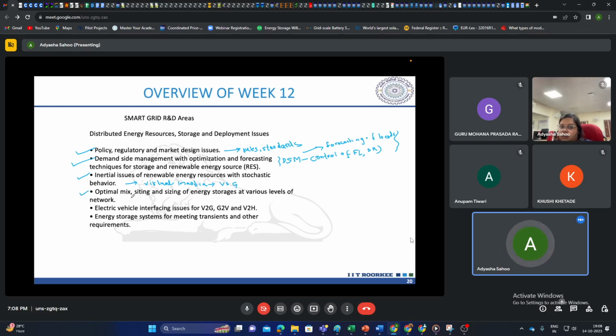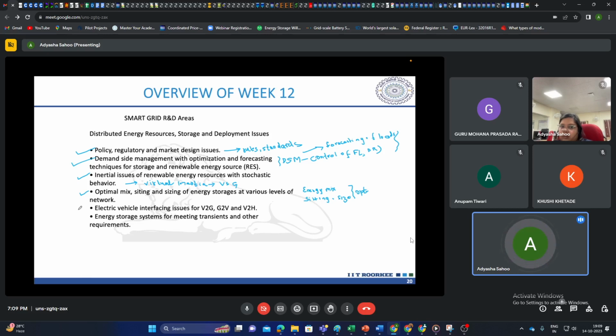So basically the energy mix has to be decided beforehand through optimization methods. Then the siting or placement of these storage devices, and the size that needs to be decided, and these all can be done through optimization methods.